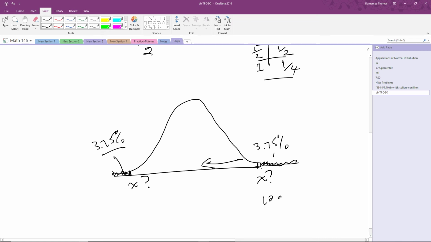So what you can do is do 100 minus 3.75, which is 96.25.